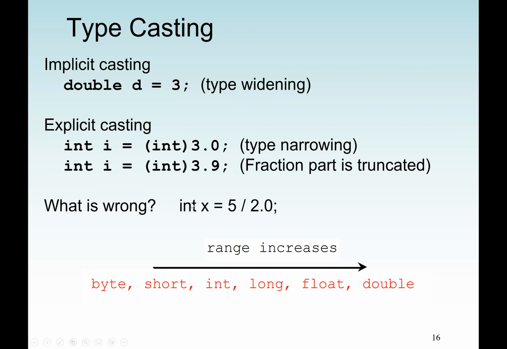What is wrong is the data type for X. As we said about the rule, this is implicit casting. 5 divided by 2.0, the final solution will be a decimal value, float or double. It won't be int, so we have to change the data type for X. Also, we can see how the range increases. The smallest is byte, then we have short, int, long, float, and double.